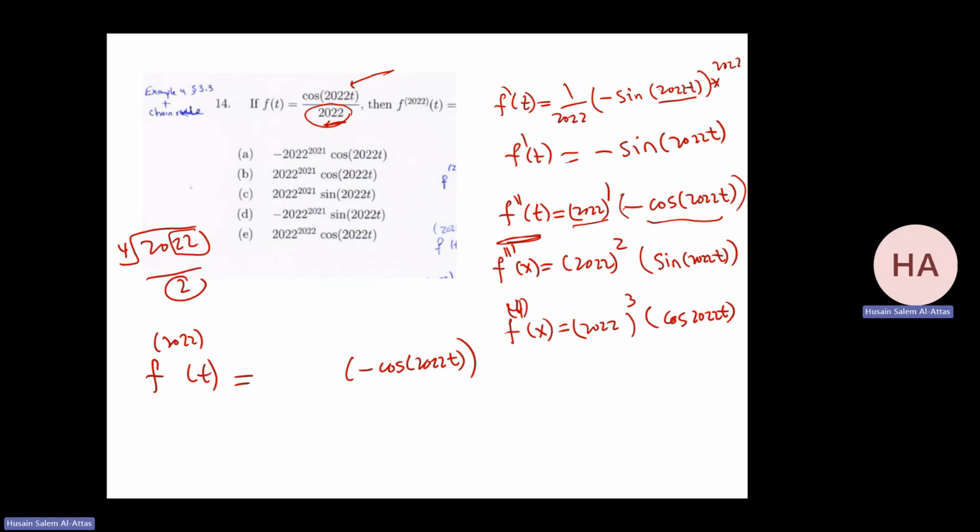As a power, I have the second to the power 1, the third to the power 2, the fourth to the power 3. So this will be 2022 to the power of 2021. Okay, so I have minus 2022 to the power 2021 times cosine 2022t.